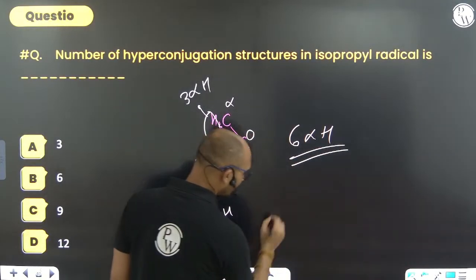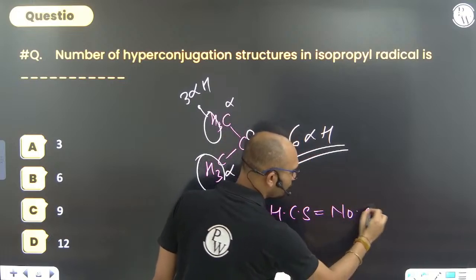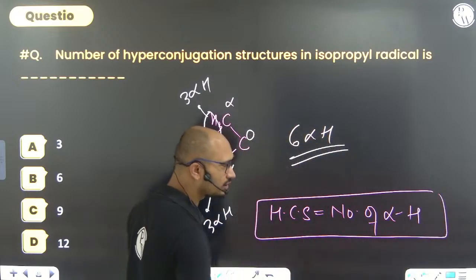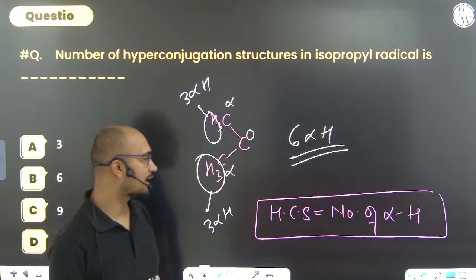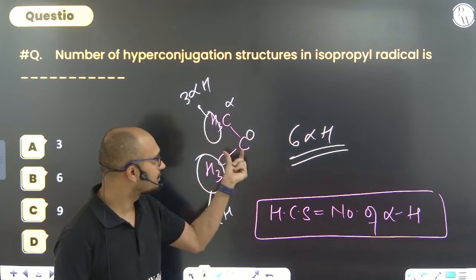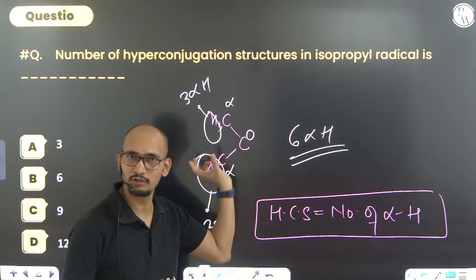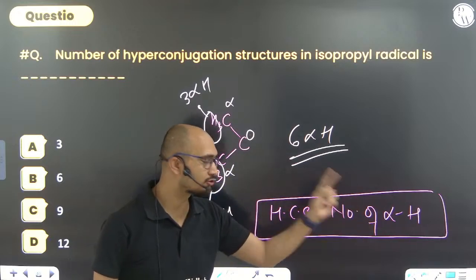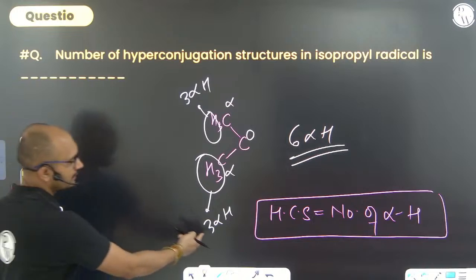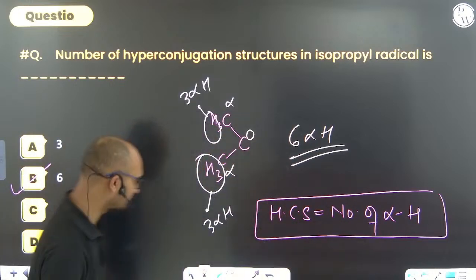Please keep in mind: hyperconjugation structures equal the number of alpha hydrogens. If it asks for the total number of hyperconjugation structures, also counting the structure with the CH bond intact, then it will be the number of alpha hydrogens plus 1. But here it is asked directly, so it is 3, 3, 6. Six hyperconjugating structures, because it is equal to the number of alpha hydrogens.